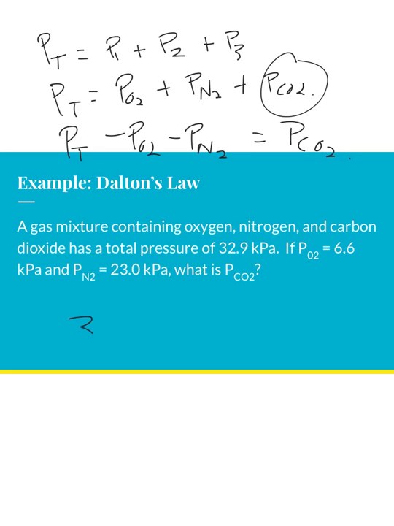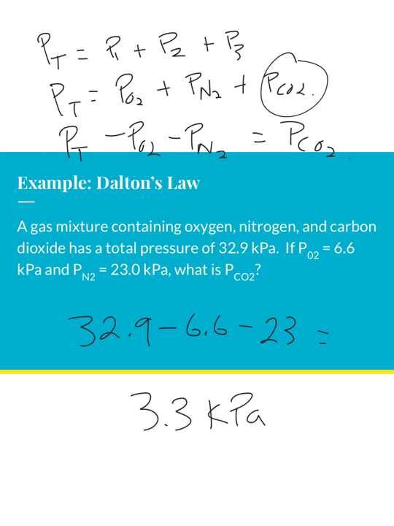So 32.9 minus 6.6 minus 23. And that's going to give us our answer, which is 3.3 kilopascals. And that is our partial pressure of CO2.